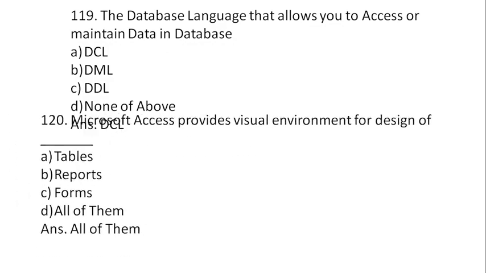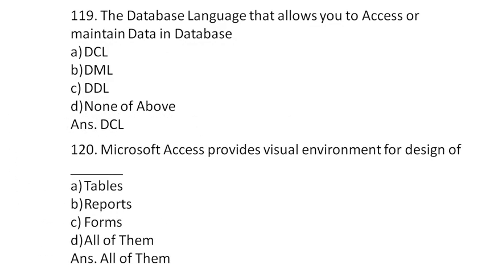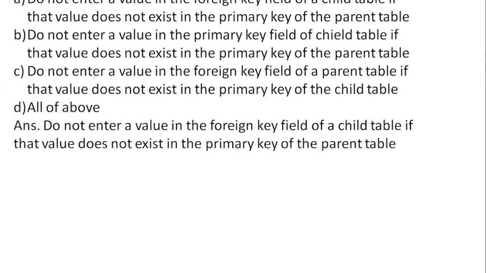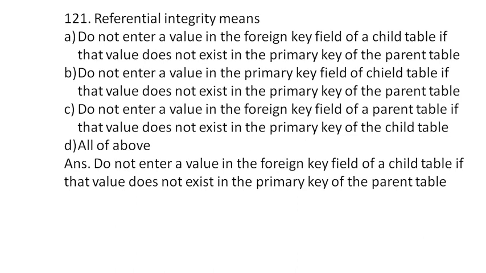Next, Microsoft Access provides a visual environment for design of dash. Answer: all of them, meaning option A tables, option B reports and option C forms. Next, referential integrity means? Answer: do not enter a value in the foreign key field of a child table if that value does not exist in the primary key of the parent table.